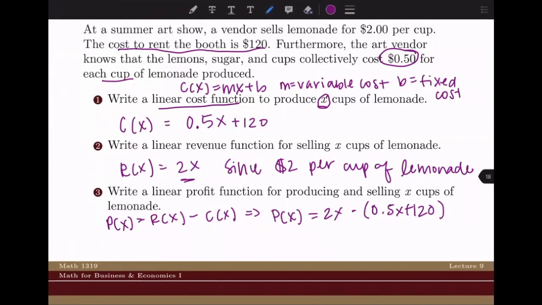So we need to distribute this negative to get P of x equals 2x minus 0.5x minus 120. And then we can combine these like terms. 2 minus 0.5 is going to be 1.5x minus 120.